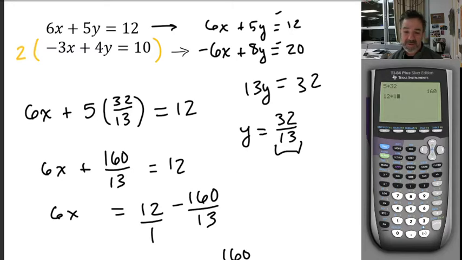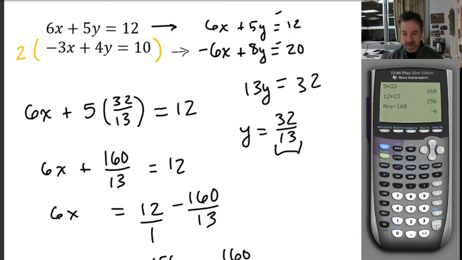I know someone's shouting, you don't know what 12 times 13 is. I don't. Let's see, 12 times 13 is 156. And 156 minus 160, I think even I can see that that's going to be negative 4.